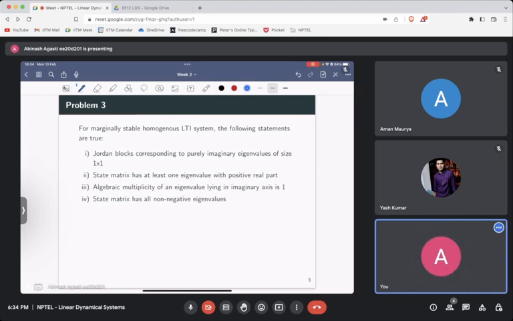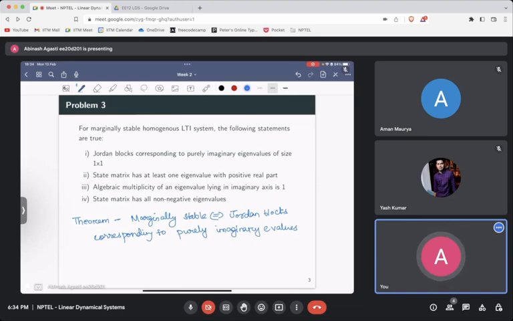For that, a particular theorem tells us that a system is marginally stable if and only if it has Jordan blocks corresponding to purely imaginary eigenvalues of size 1 cross 1.